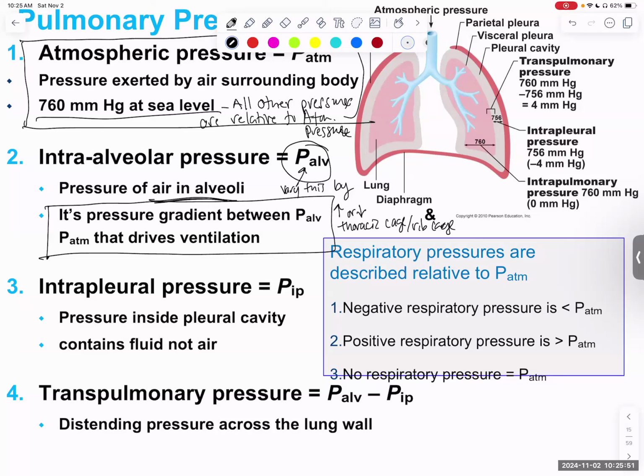There is intrapleural pressure. This is the pressure inside the pleural cavity or space. This is the space between the visceral pleural membrane and the parietal pleural membrane.